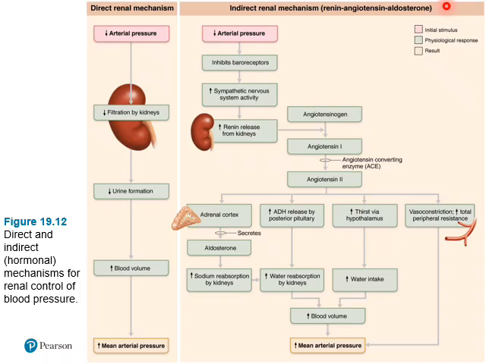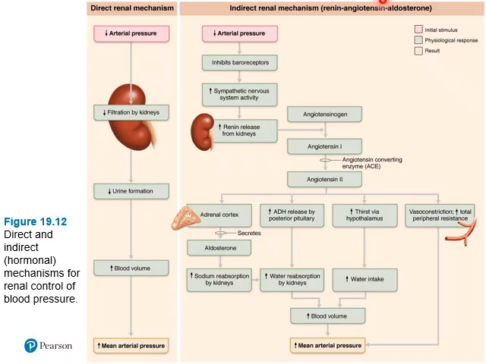And there's also another pathway, which is your indirect mechanism. And this is your indirect mechanism right through all of this, which is called the renin-angiotensin-aldosterone system. The direct renal mechanism, let's go back to this part here, alters the blood volume independently of hormones.